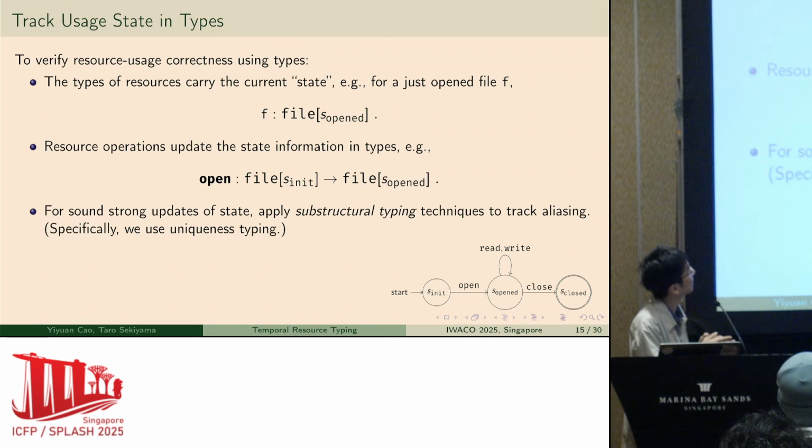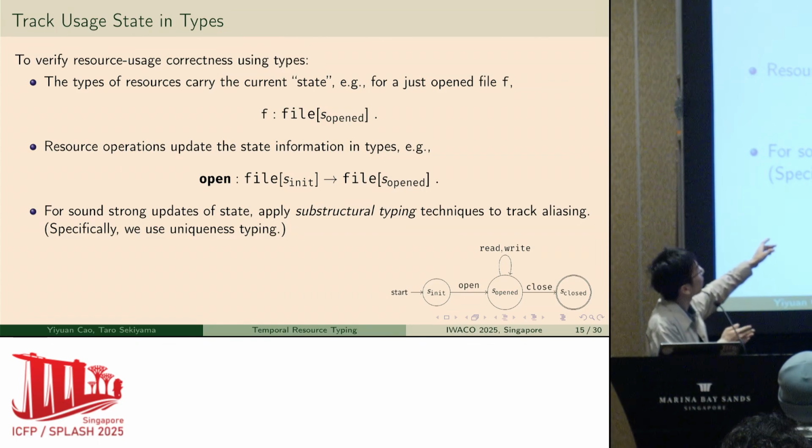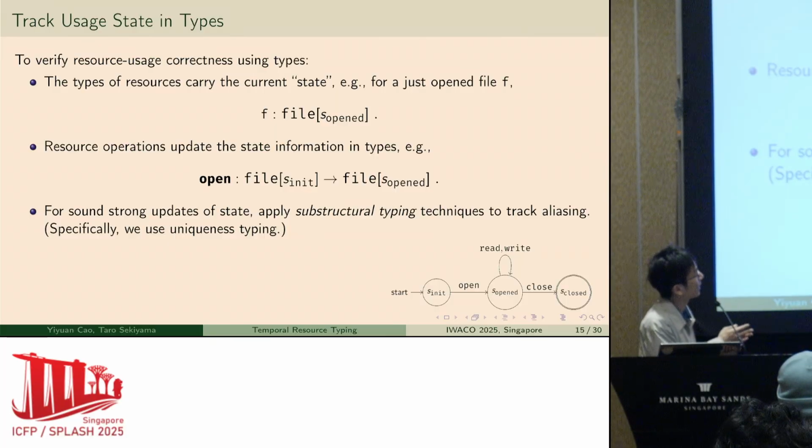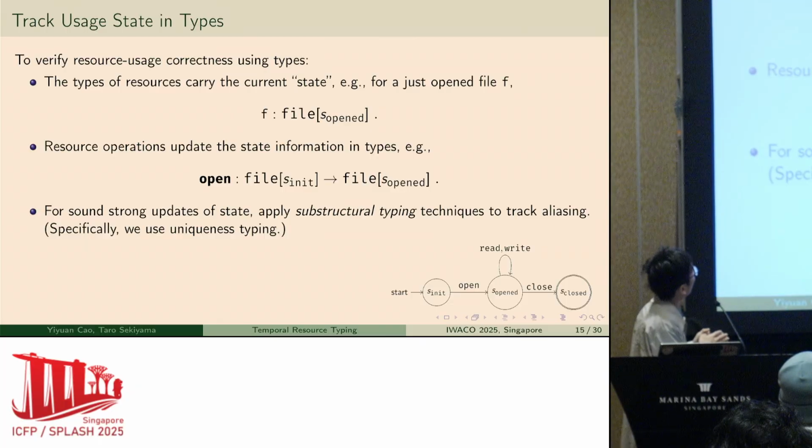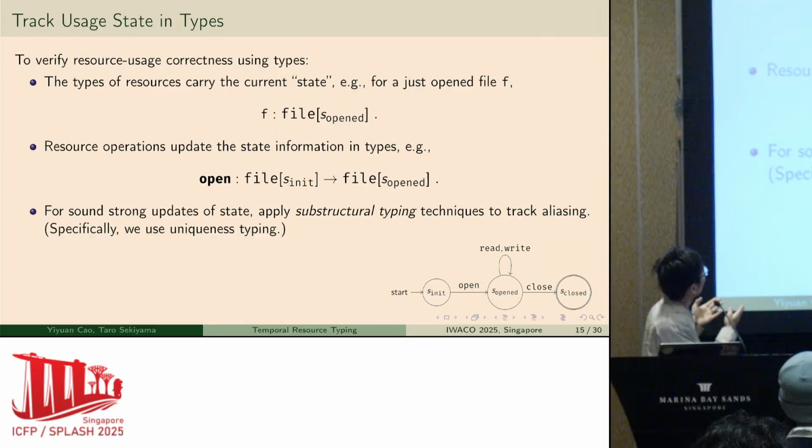The second step is that, for resource operations, you need to update the typestate in these types. An open event corresponds to the transition from init to opened. Lastly, for sound strong update in the presence of aliasing, usually some substructural typing technique is applied.